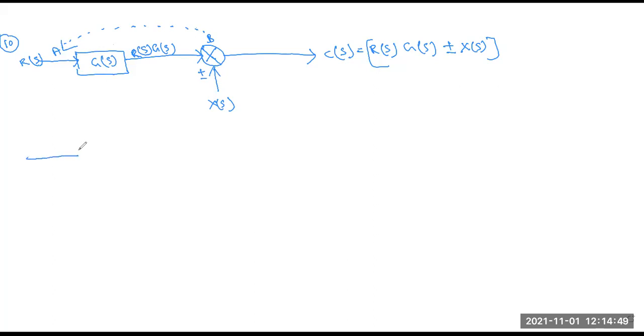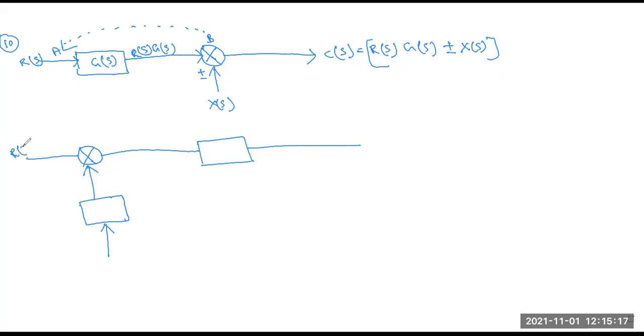So this is the first one. Now we have shifted this summing point from the previous position as per directions. This is the controller part. Then we connect its output from here. This is another input part. Another controller part we have to attach. So first, this is R(s).